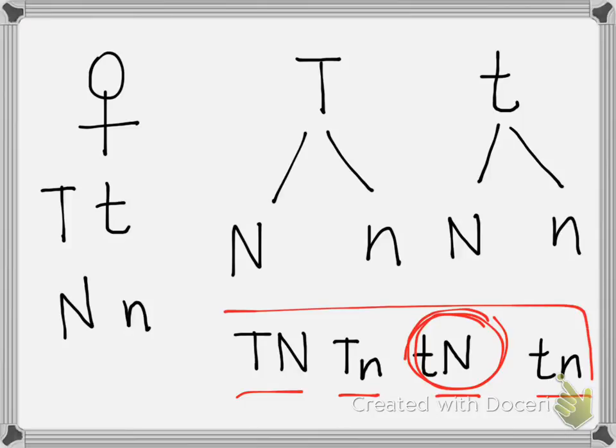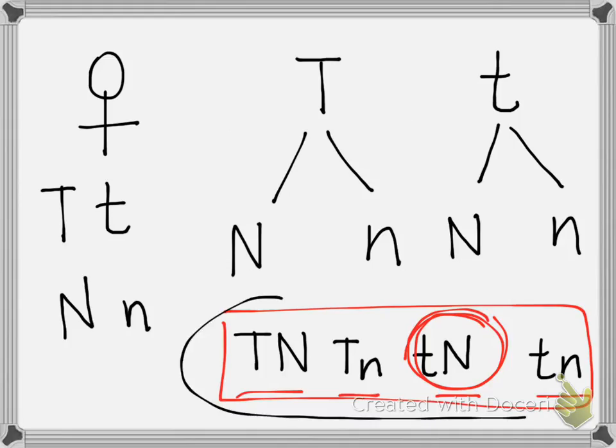Well, what does this look like when we go to do a Punnett Square? Let's go to the next page. Instead now of just doing big T, little t across the top for mom's contribution, we have to put all of these possibilities across the top.